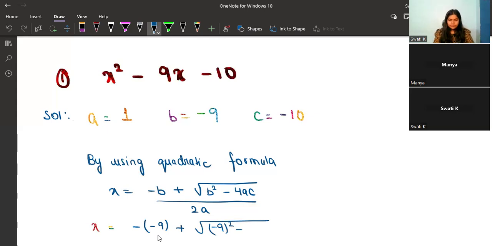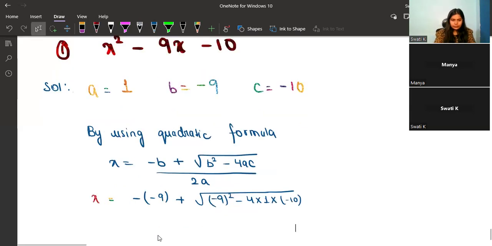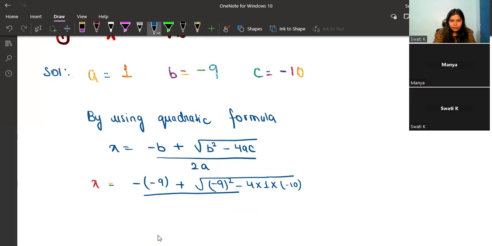Then minus 4 into 1 into bracket minus 10. Okay. Then upon 2.